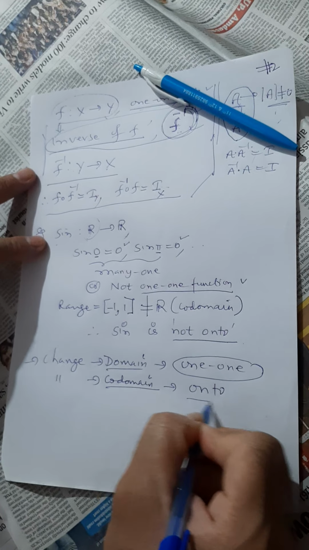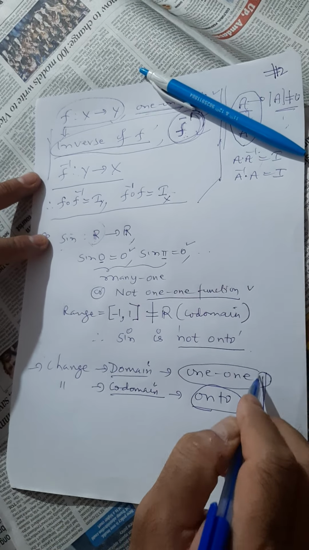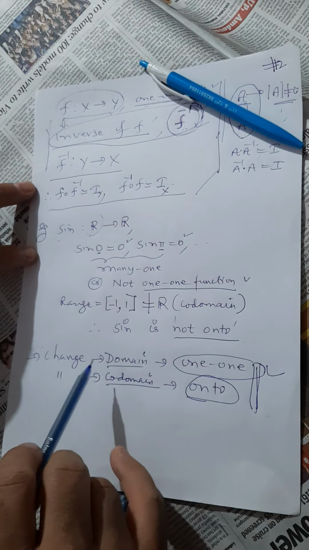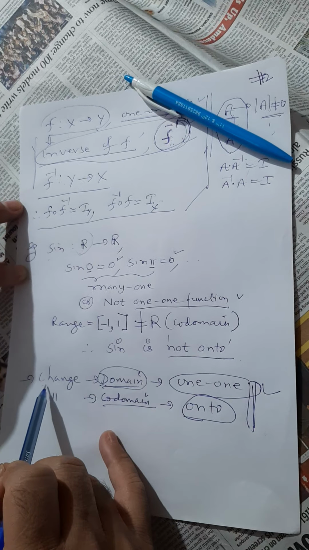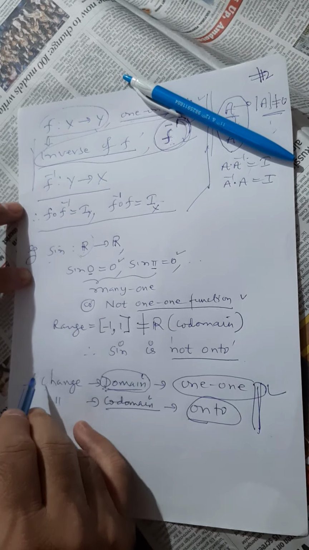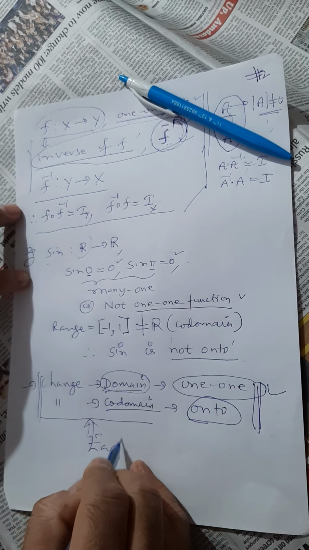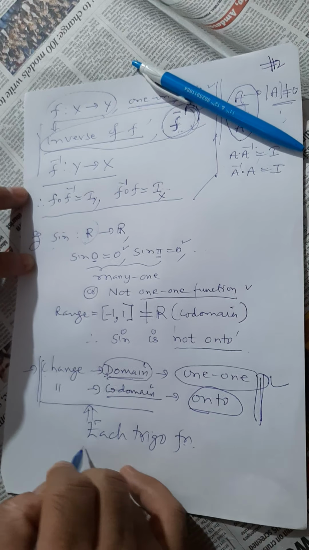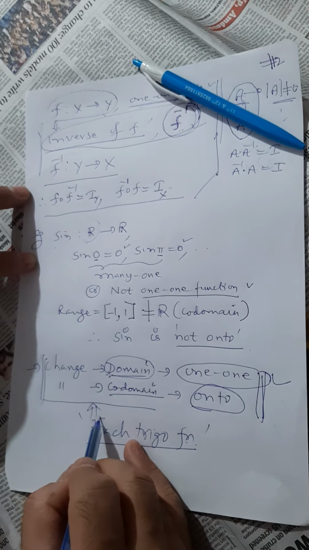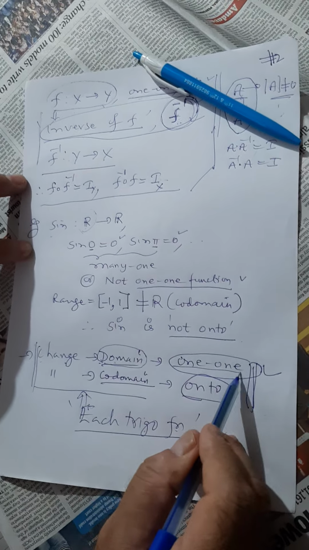So this much we'll do first to find the inverse of each trigo function. What we do? Our next point is we change the domain of each trigo function. Why we change the domain of each trigo function? To make it 1-1.